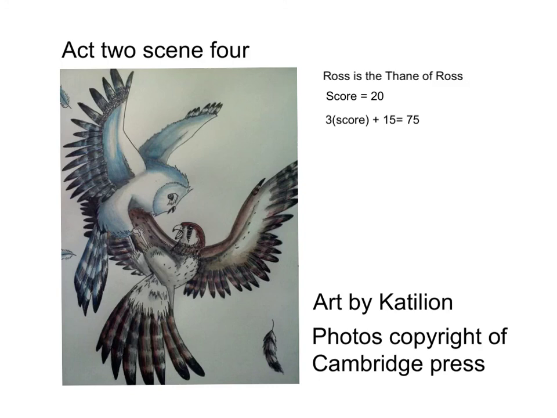Obviously, we have strong, what we call symbolism, right? That the small thing shouldn't kill the big thing. The owl represents the smaller person, which is Macbeth, and the falcon, the big bird, represents Duncan. So the smaller should not kill the bigger.